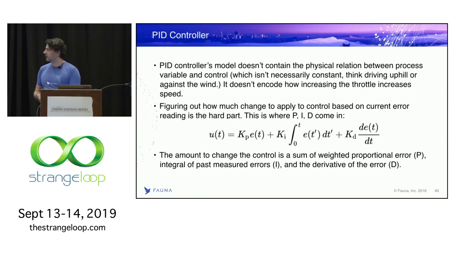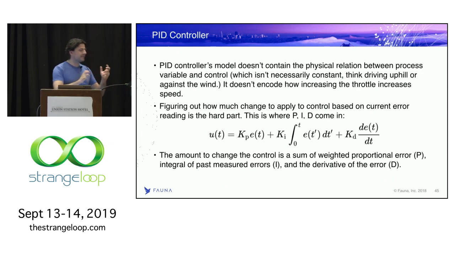So the way it works, and I'm really sorry for throwing a mathematical formula at you, is it's taking a weighted average, really, of the integral of previous errors, that's the I, the derivative of the current error, and the actual proportional difference in the error.